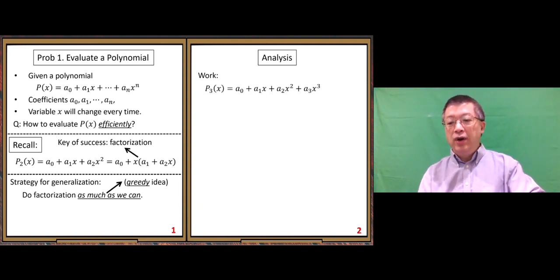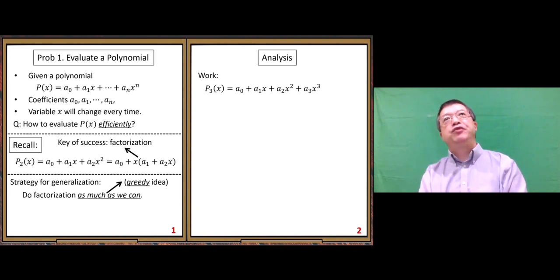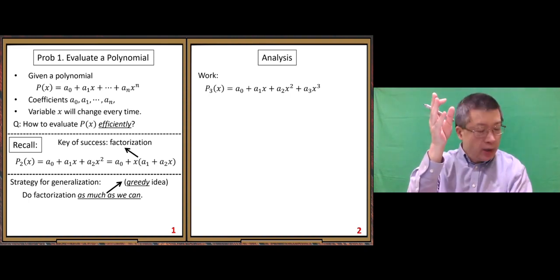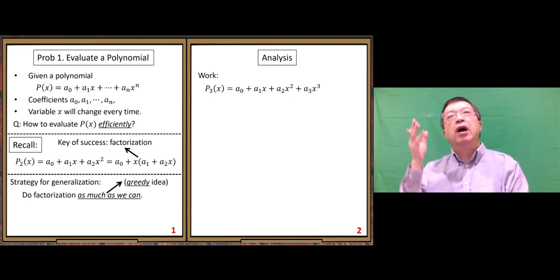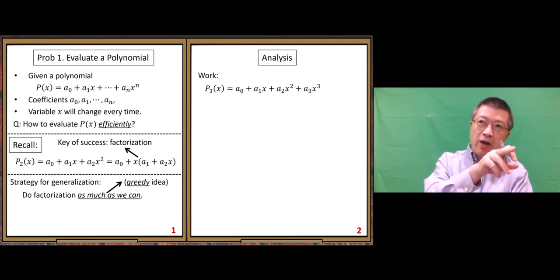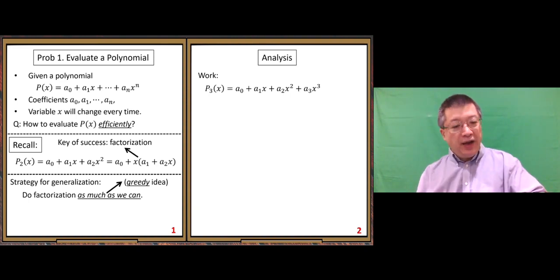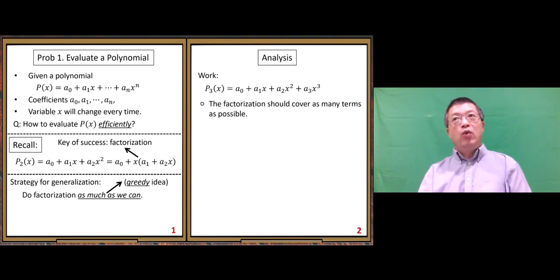When we do our work, I want to use another specific example when n equals 3. When n equals 3, we have a cubic polynomial. From quadratic polynomial to a cubic polynomial. And here we try to be greedy when we use the factorization technique.